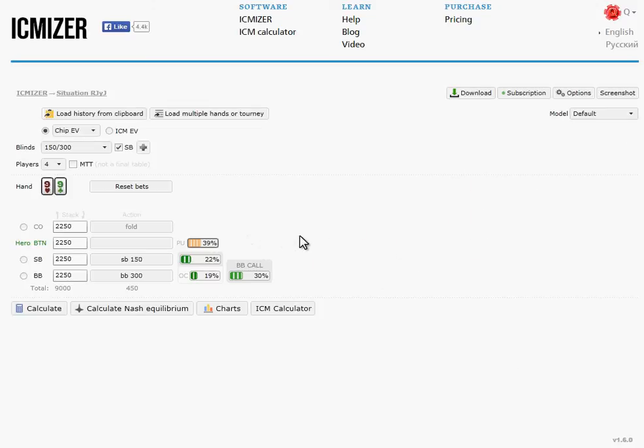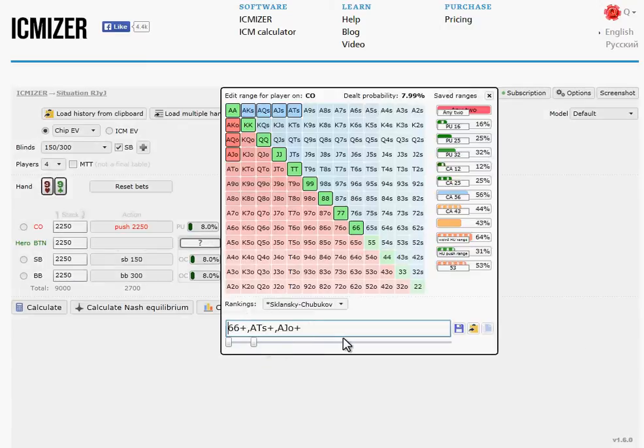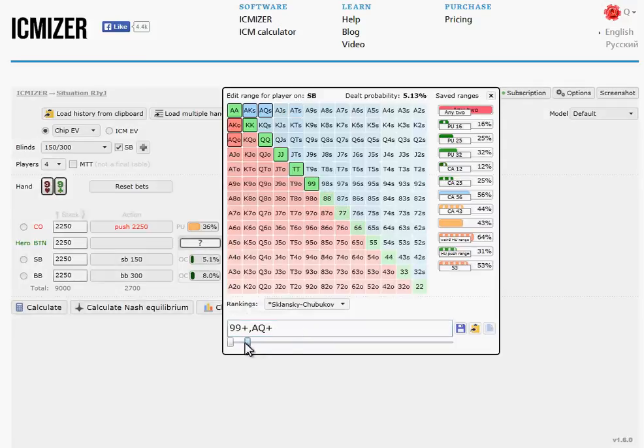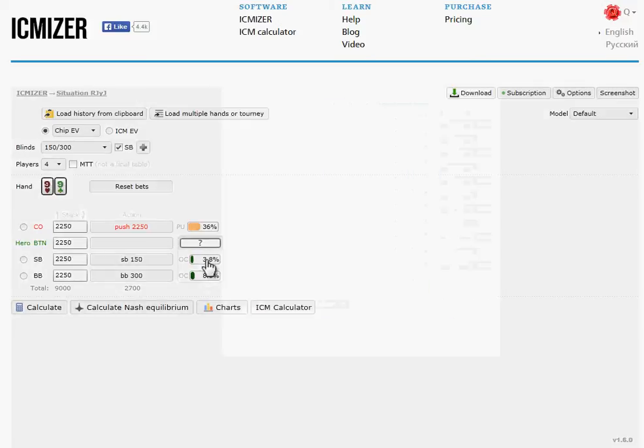Let's say there is one all-in before hero. Here we are on the button and there is one all-in. And let's say that the cutoff pushes, for example, 36% of hands. Here we are calculating hero's calling range, and when we call, there is a chance that the small blind will overcall with some kind of strong hand, for example, this tight range.